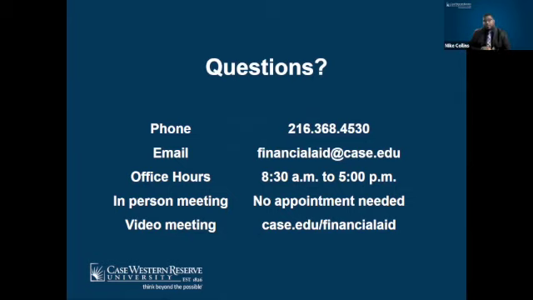For those students who are not able to waive the medical plan, there will be some additional loan options available. The university does have some university-specific loan funding that's set aside specifically to help those students who may need help covering the medical plan. If you are in that situation, I recommend that you reach out to financial aid and let us know, so that we can get that information taken care of.